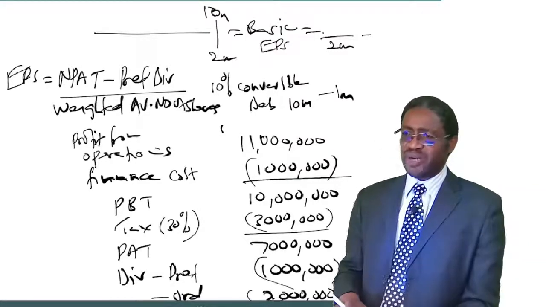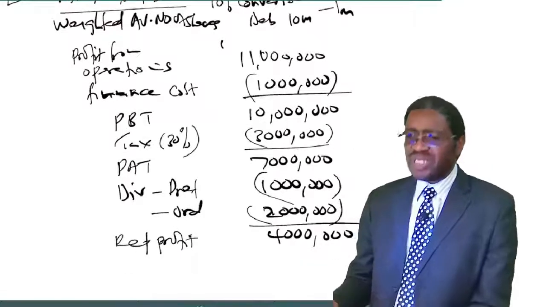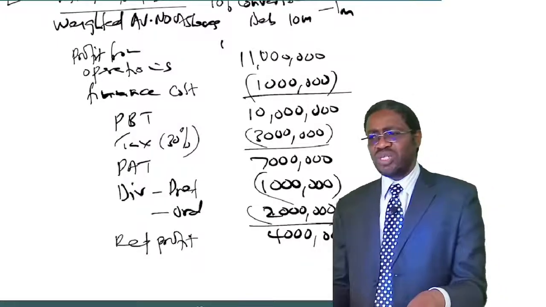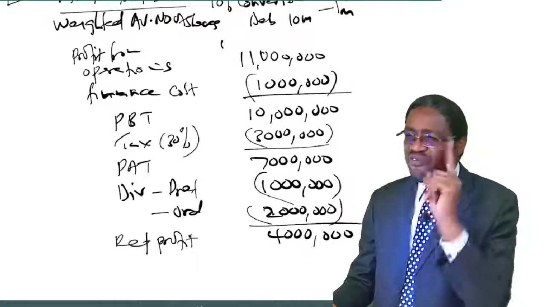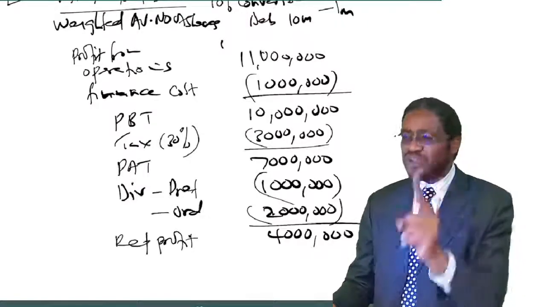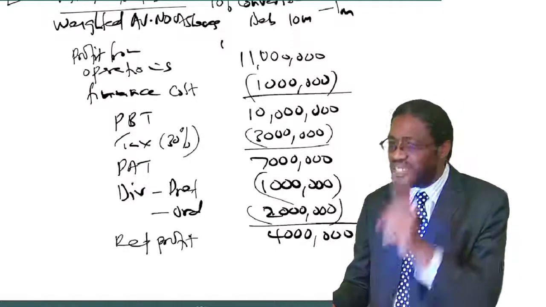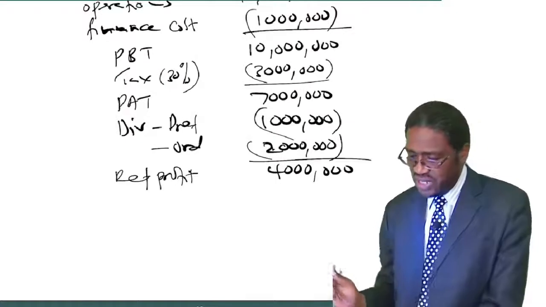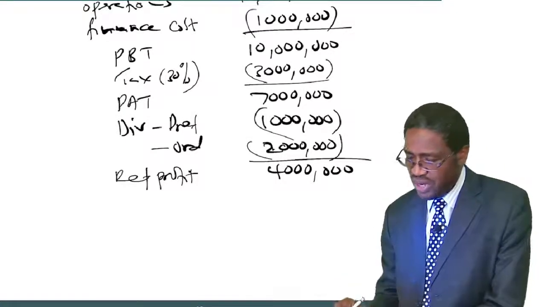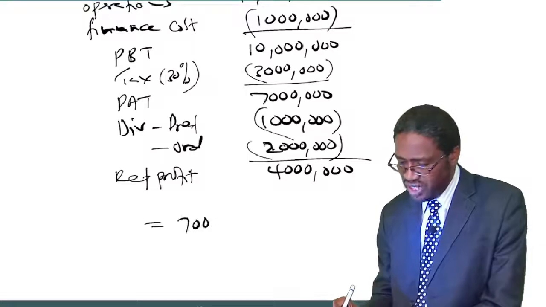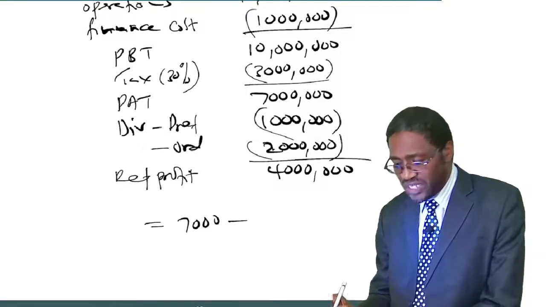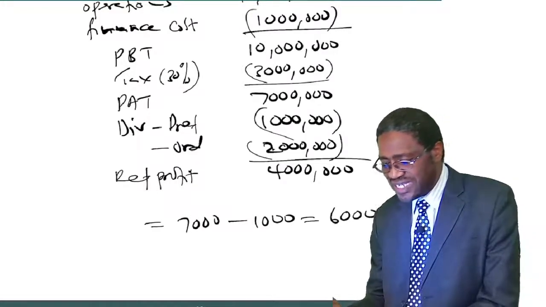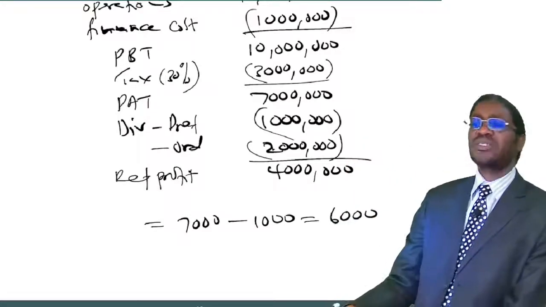You go to this company and find out the earnings attributable to the ordinary shareholders. You take the net profit after tax and minus preference dividend. The profit after tax is 7 million, less preference dividend of 1 million, which gives earnings attributable to the ordinary shareholders of 6 million.